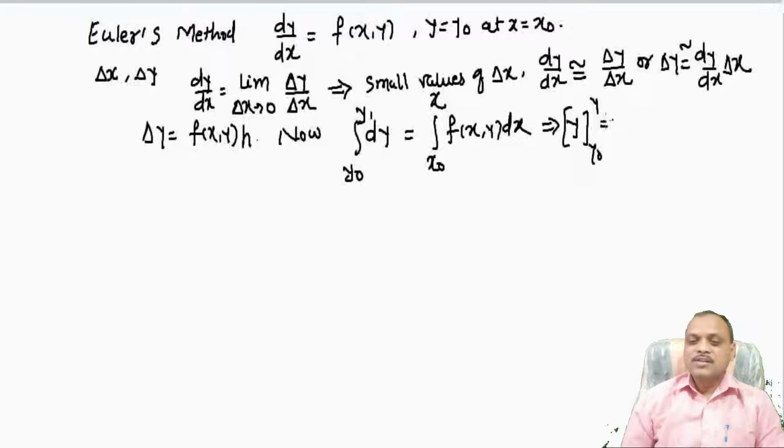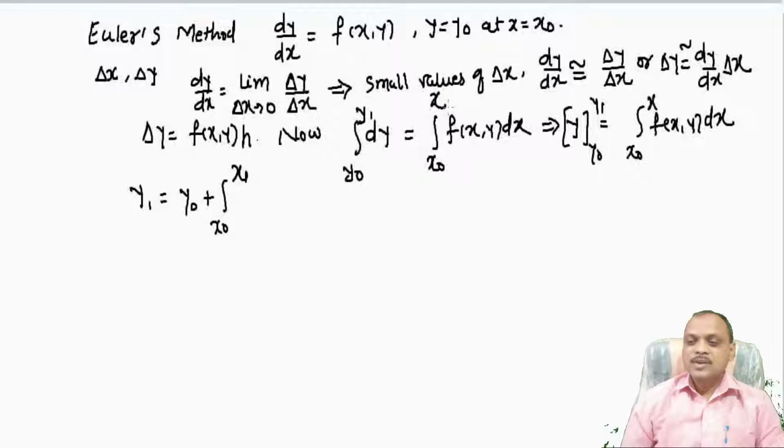So we get the integration from y0 to y1 equal to y0 plus the integration from x0 to x1, where we consider this point x1, of f of x, y into dx.